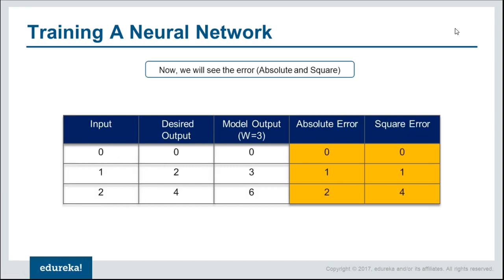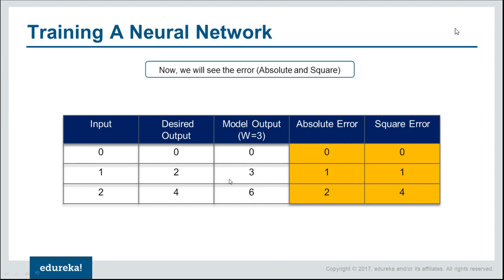So when we see this, we can find that there is an error here, right? Between these two values there is a difference, and that difference we call an error. So absolute error we are saying as a positive one, right? It needs to be 0, it was detected as 0, so error would be 0.